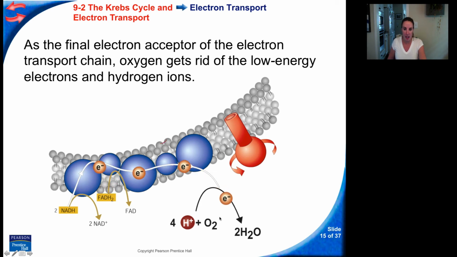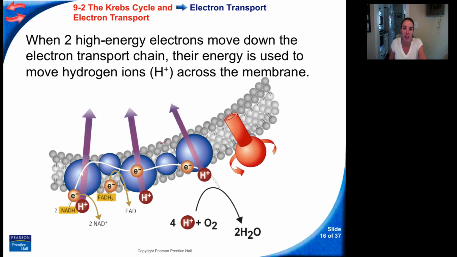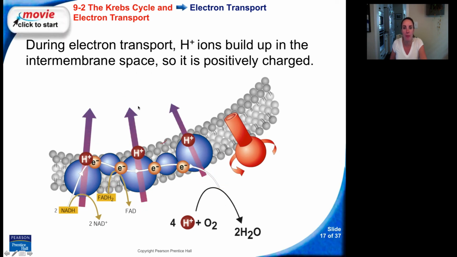So oxygen acts as an electron acceptor. And when 2 high-energy electrons move down the electron transport chain, their energy is used to move hydrogen ions across the membrane. So we're using these high-energy electrons to move hydrogen ions across the membrane.